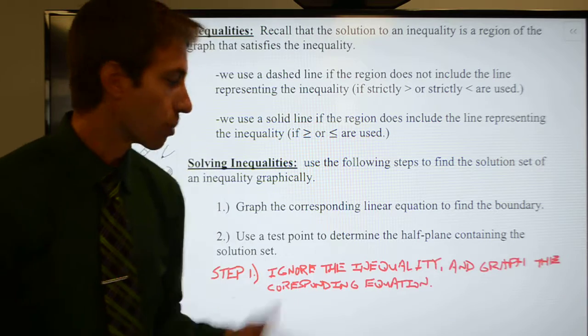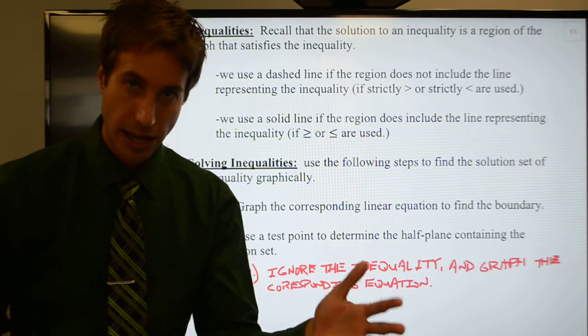So again, you'll just replace the inequality with an equal sign and graph that equation.